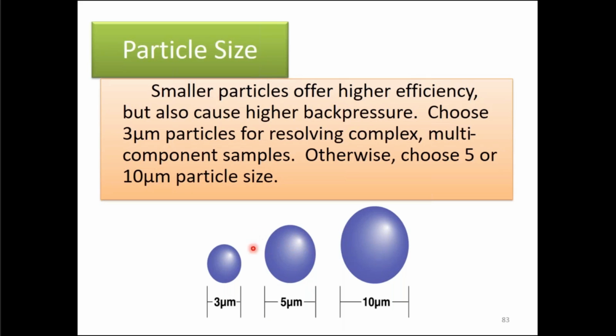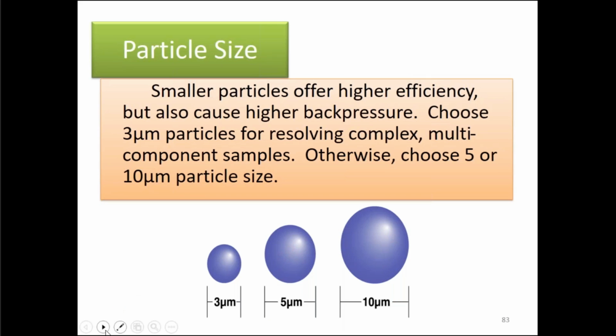In such easy separations, we would never prefer a 3 micrometer particle size for the stationary phase. We have also seen in the last class that the larger the particle size, the less expensive the column becomes.